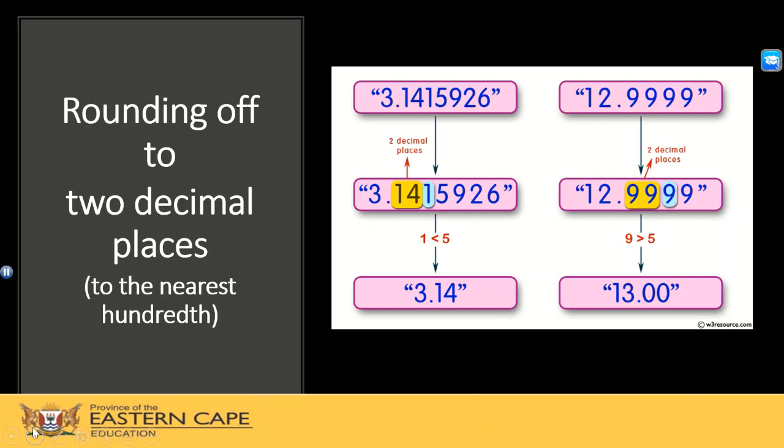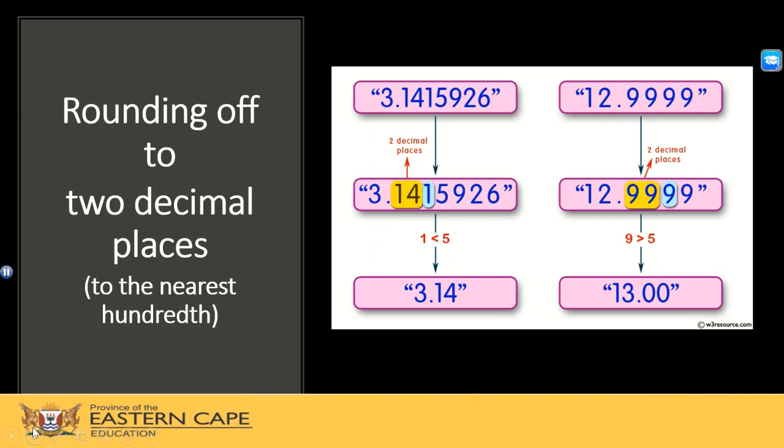But on the other hand, if you look at the right-hand side of your screen, you will see the answer that the calculator has given there is 12.9999. Again, you know you cannot give this as an answer. You must round it off. So you must look at the third decimal place, the blue one that is highlighted. 2 decimal places is in yellow, and the third decimal place is the third 9.